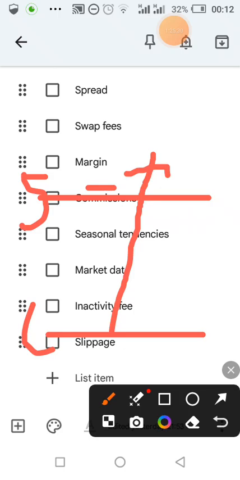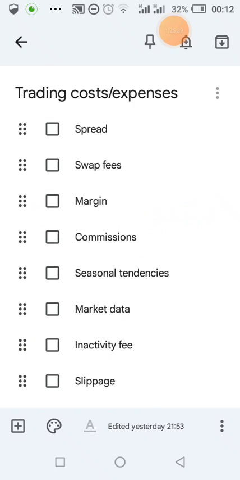But remember that some brokers may cause more slippage because of manipulation, especially if you are trading spread-based accounts or zero commission accounts.